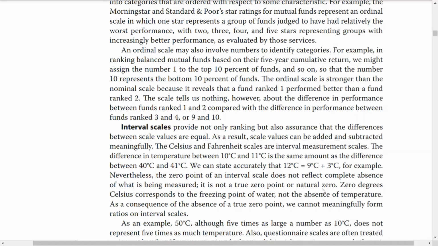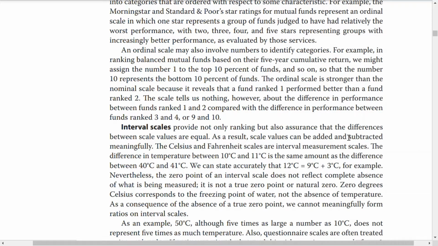The ordinal scale is stronger than the nominal scale because it ranks the funds. It reveals that a fund ranked 1 performs better than a fund ranked 2. The scale tells us nothing, however, about the difference in performance between funds ranked 1 and 2 compared to the difference in funds ranked 3, 4, 9, and 10.